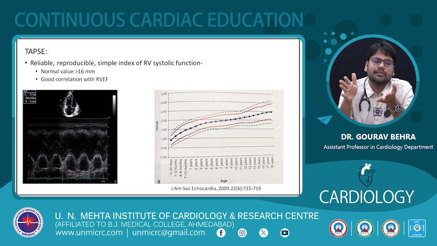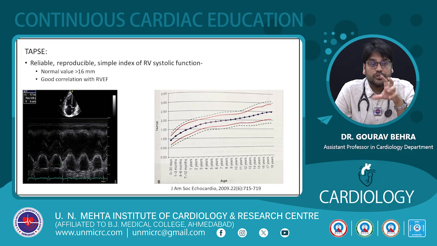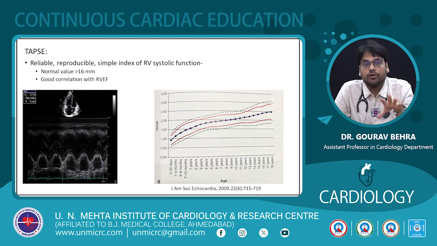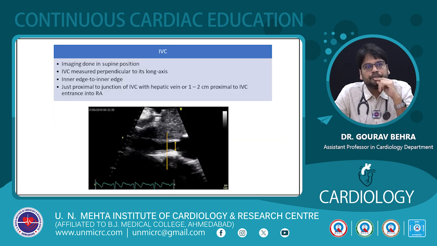In adults the normal value is more than 16, but when coming to infants and children, you have to calculate the Z score for that particular age group. It's not okay that if a child comes to you and TAPSE is 14, you label the patient as having RV dysfunction. No, we have to calculate the Z score and label the RV function accordingly. This value of 16 is valid for adults.